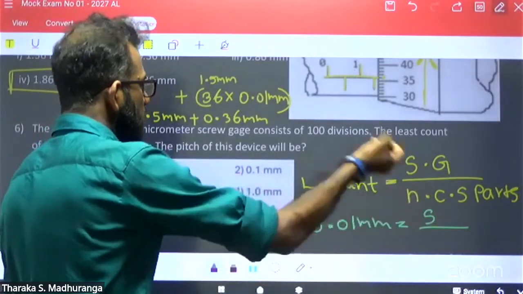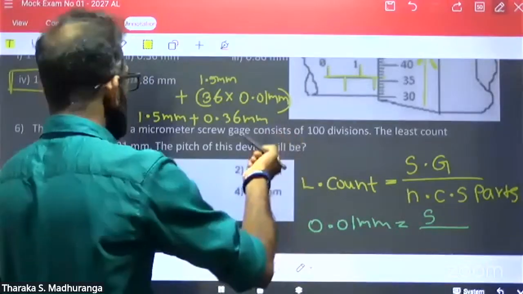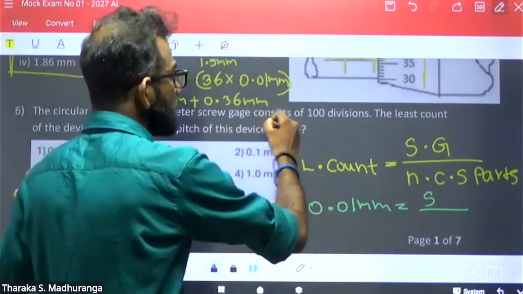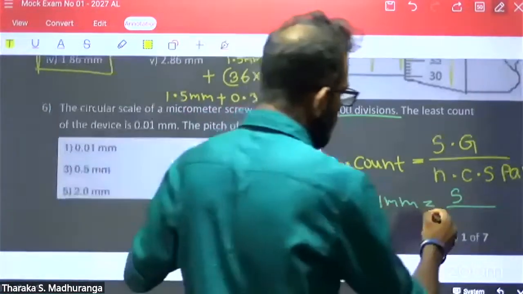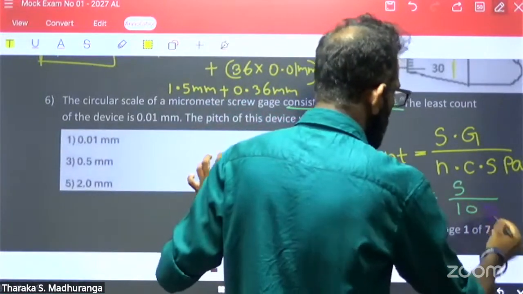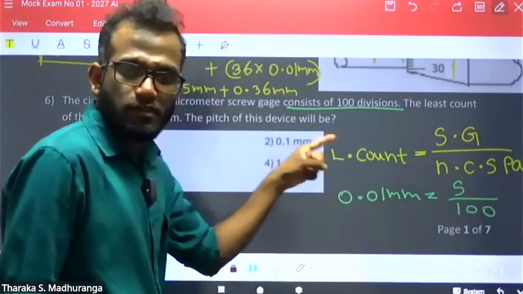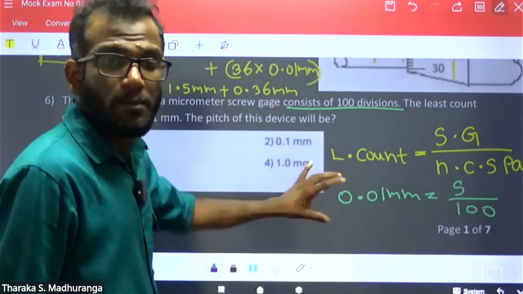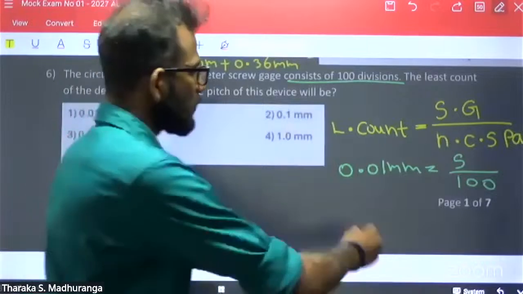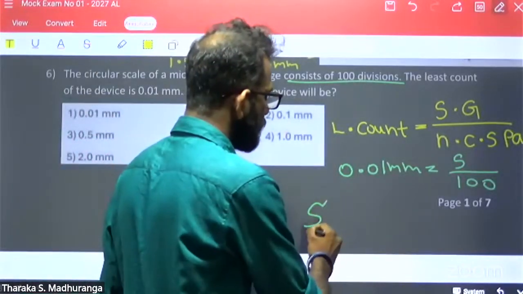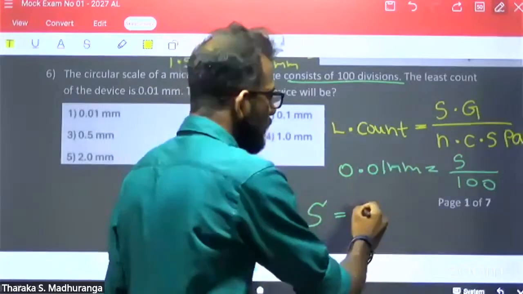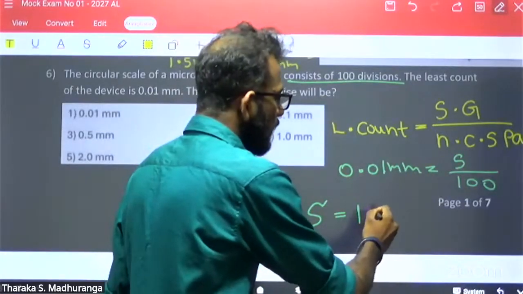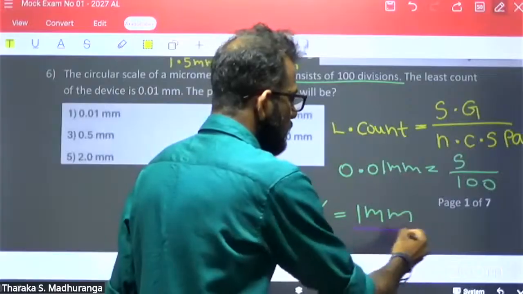Then the number of circular scale parts given is 100 divisions. Now you can isolate the screw gap S by cross multiplication. Very simple question. S equals 0.01 into 100, so 1 millimeter is the screw gap.